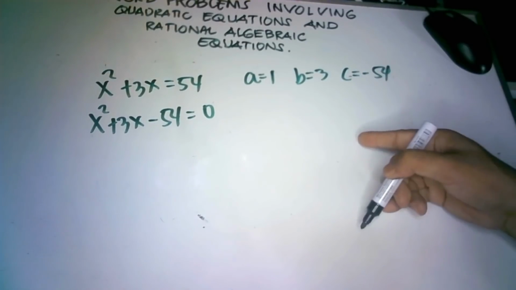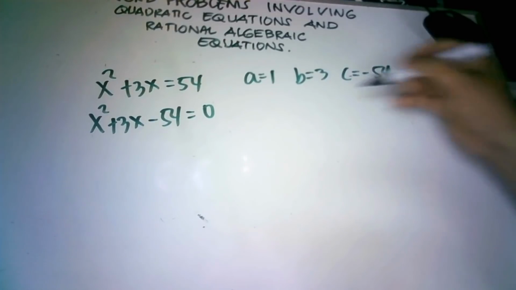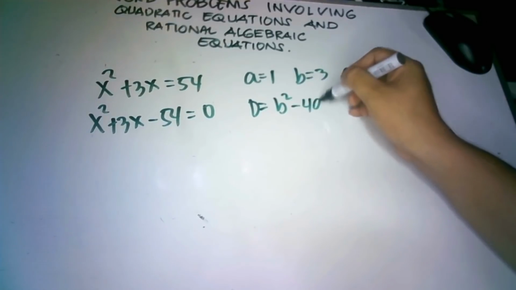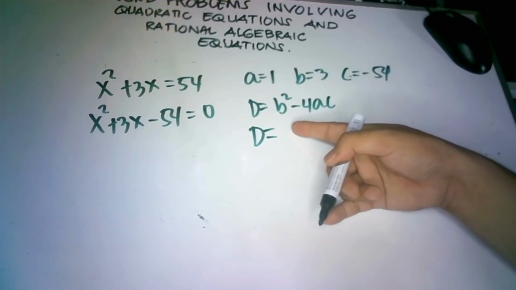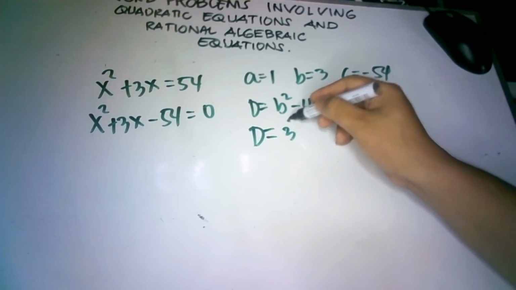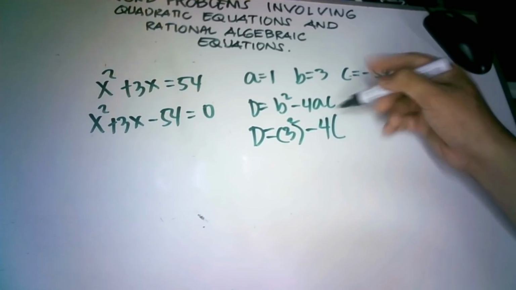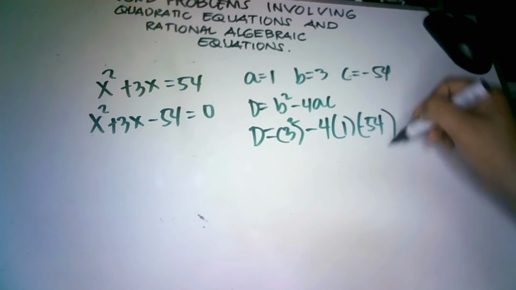So using the quadratic formula, we can identify the discriminant by finding D, which is D equals b squared minus 4ac. So we have D equals 3 squared minus 4 times 1 times negative 54.